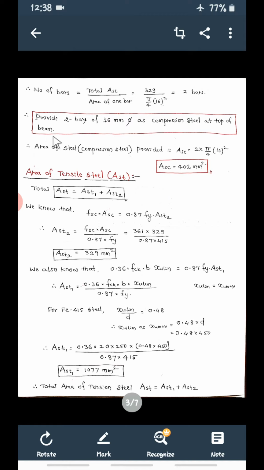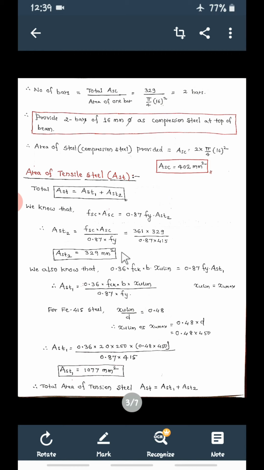This is the first design. ASC we have found out. 2 bars you have to provide at the top of 16 mm diameter as compression steel. Now actually how many are you providing? 2 bars. What is the area of steel provided? ASC is equal to 2 bars into pi by 4 into 16 square.